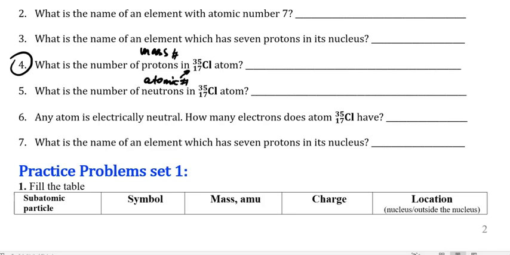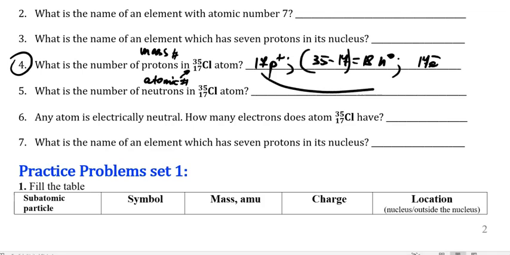That means that this chlorine atom has 17 protons. 35 minus 17, which is equal to 18 neutrons. You can do the same in your homework. And 17 electrons, don't forget that number of electrons equals number of protons. And the problems 2, 3, 5, 6, and 7 you will finish at home.